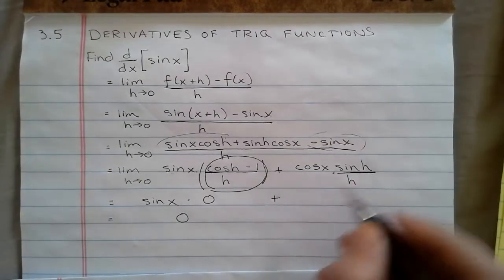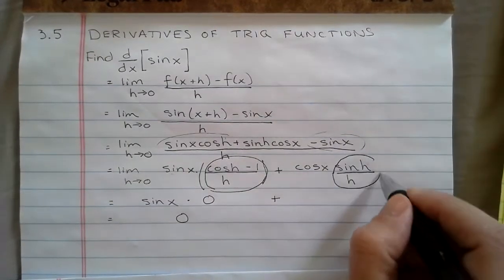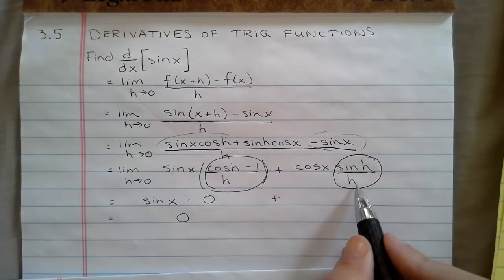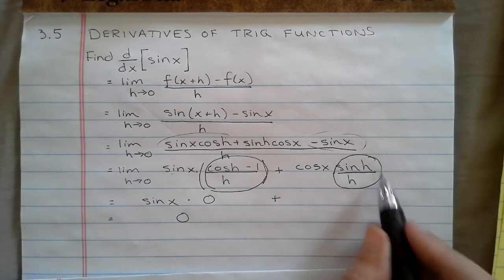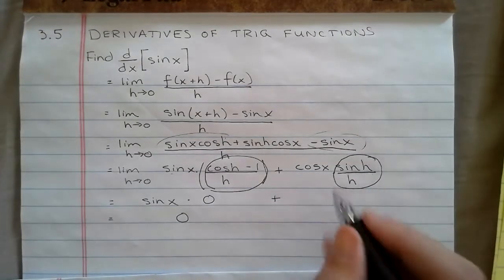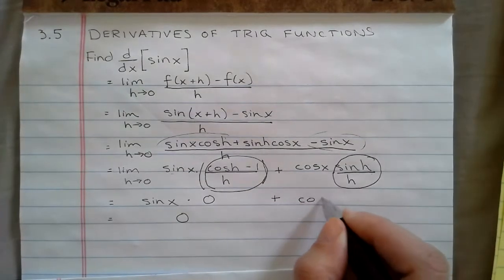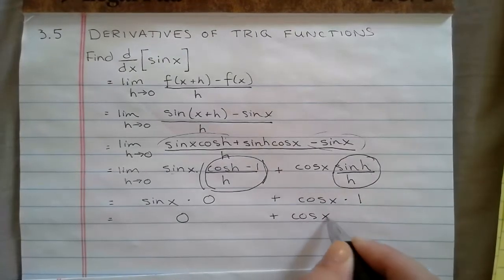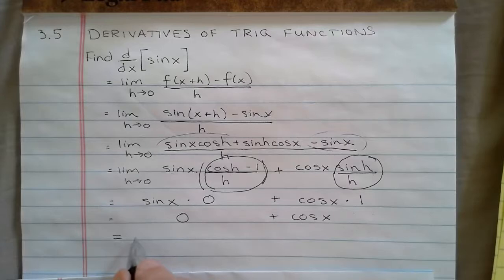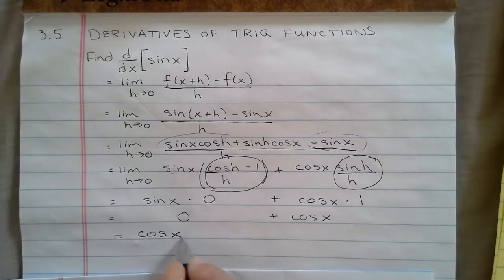And then I also know, we talked about this one in our limits chapter, the limit as h approaches 0 of sine h over h. You can put sine x over x in your calculator and see what it approaches as x goes to 0. But like I'm about to tell you right now, it's 1. And what all that did for us was we found out that the derivative of sine x is cosine x.